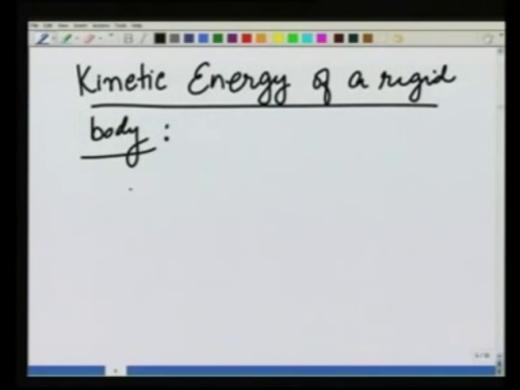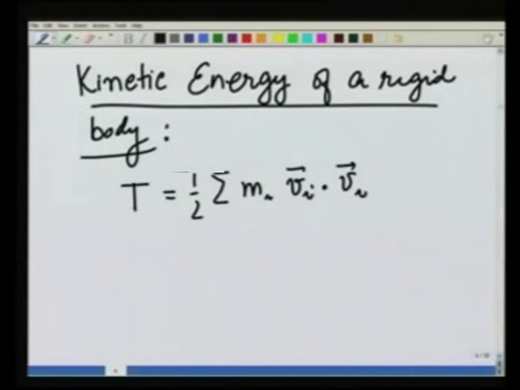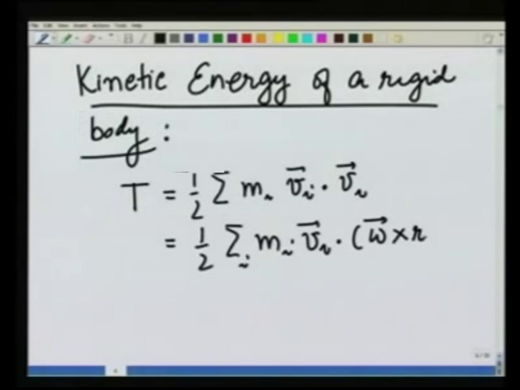So, let us see, the kinetic energy by definition is equal to 1/2 summation mi vi dot vi, which I can write as 1/2 summation over i mi vi dot omega cross ri.